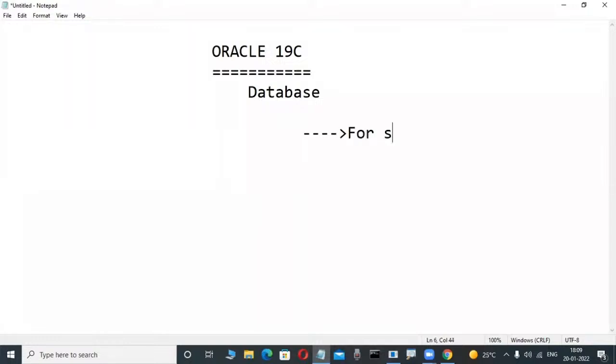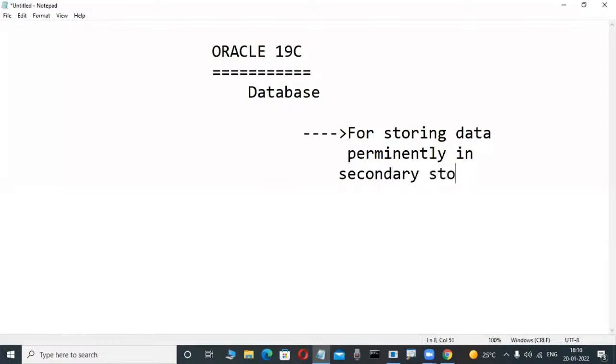For storing data permanently in secondary storage devices. Secondary storage devices means maybe hard disk or the like. Okay, secondary storage devices.